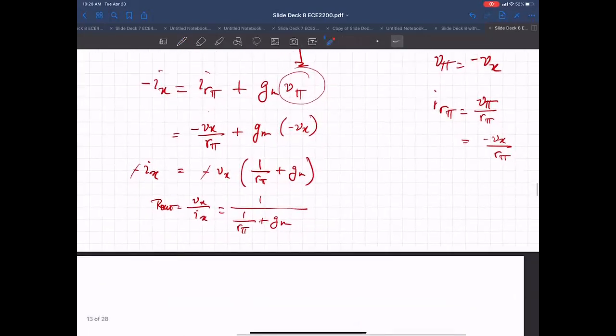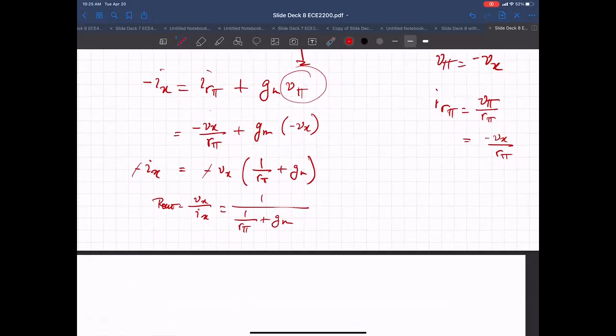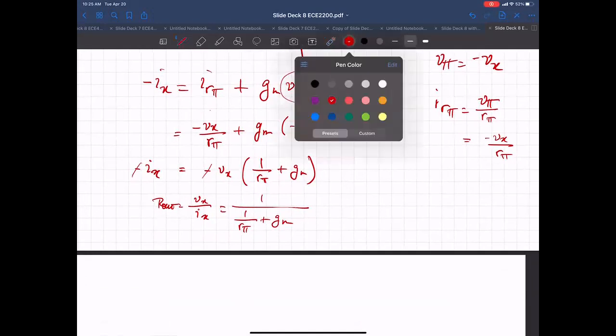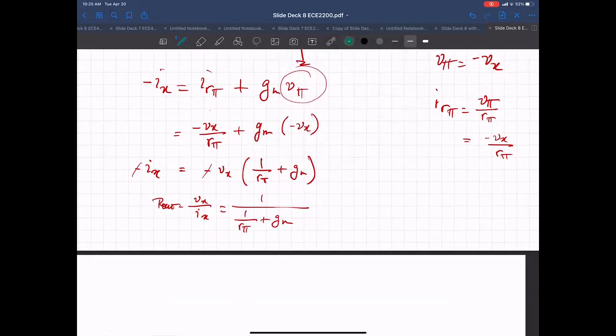Okay, so let's look at this a little bit more to get a feeling for what this might look like typically. Remember that R sub pi is beta over G sub m. Beta is typically on the level of about 100 or so.